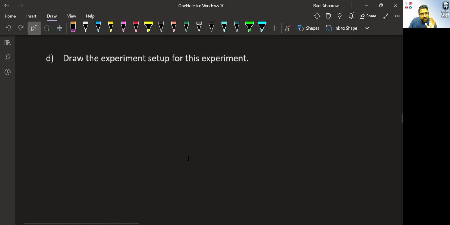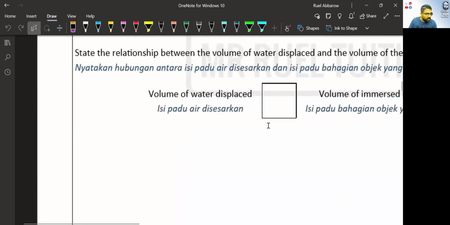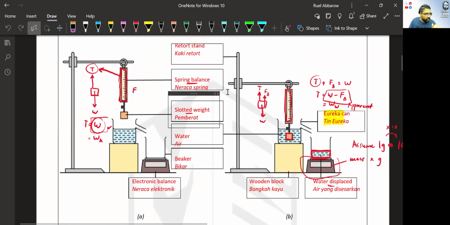Please make sure you know how to draw the apparatus setup, just in case, right? So maybe you can pause the video at this point and try drawing it yourself. Okay, once you're done, then you can check with this. So you would need both the diagrams, one in air and one immersed in the liquid.